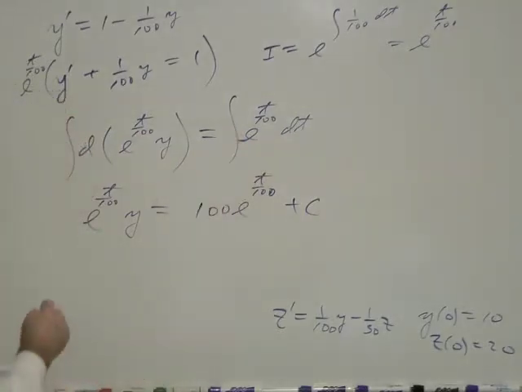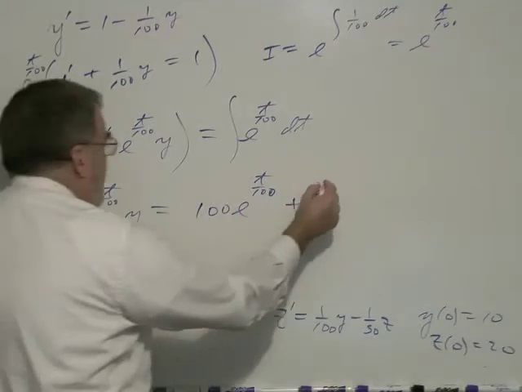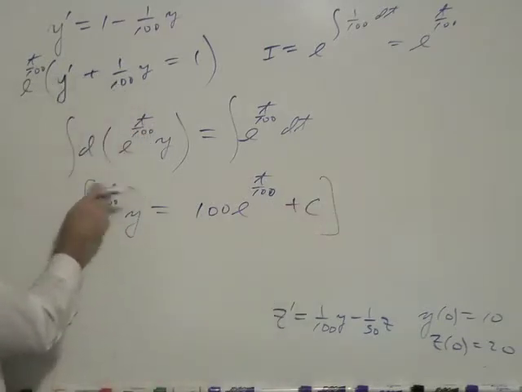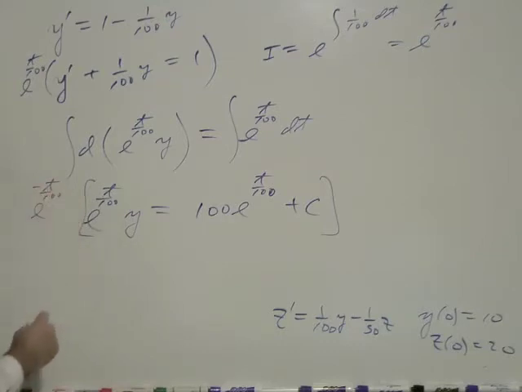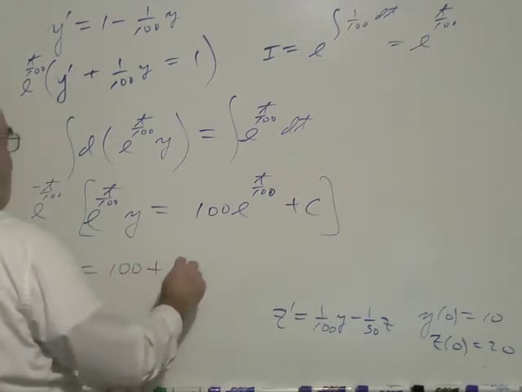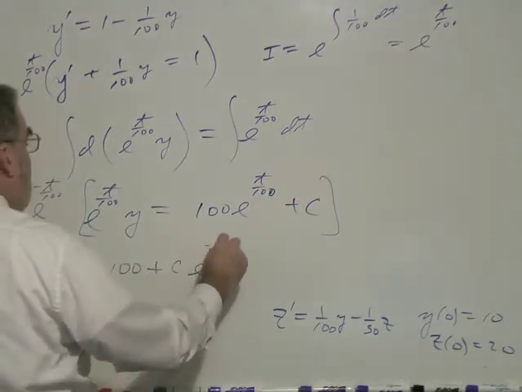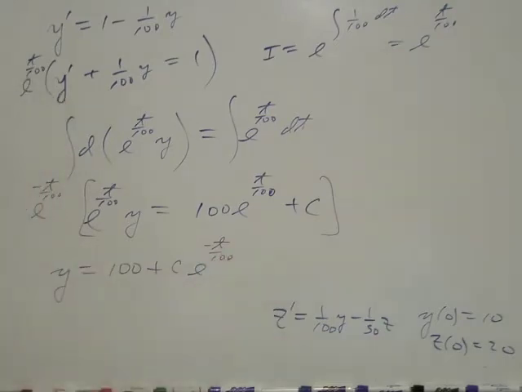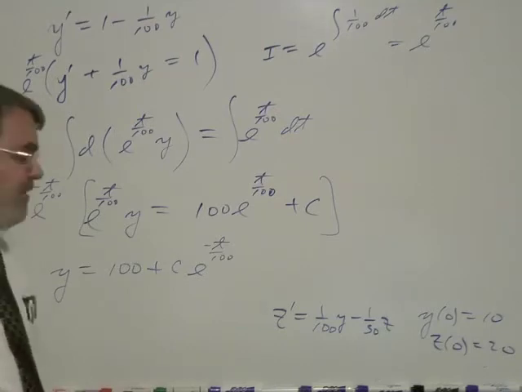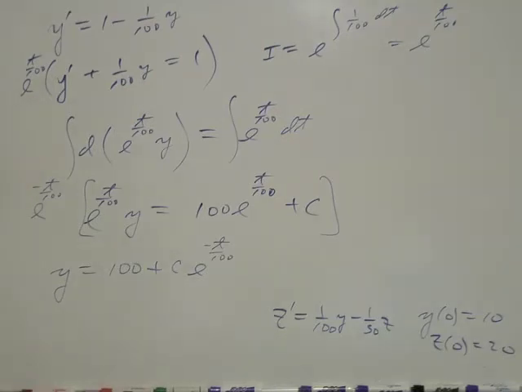Okay, and then finally, I'm going to solve for y. Multiply by the multiplicative inverse, e to the negative t over 100. And we end up with y equals 100 plus c e to the negative t over 100. And it looks like a typical exponential decay type of function here.